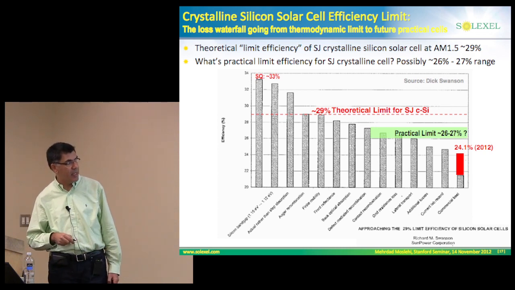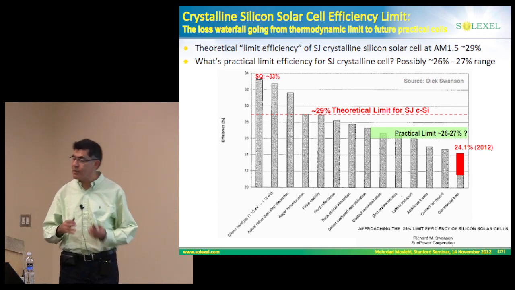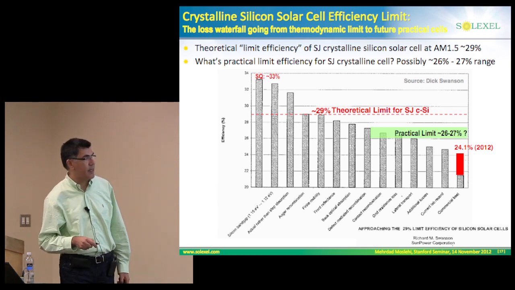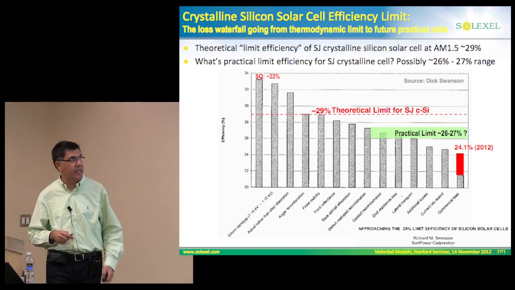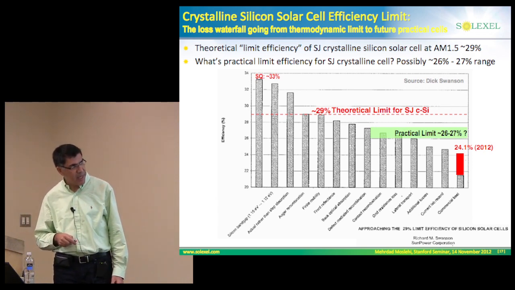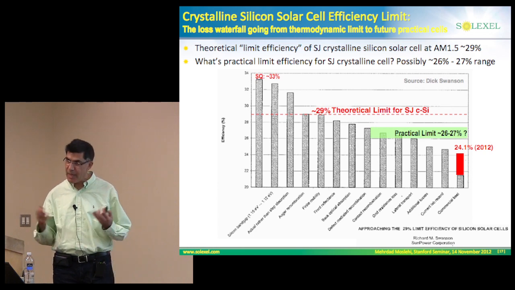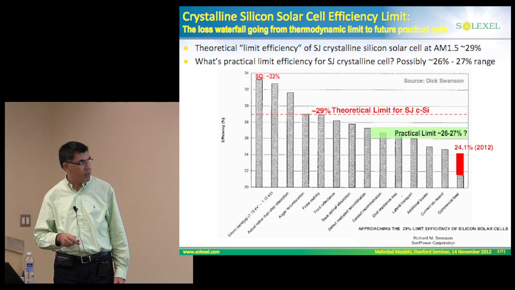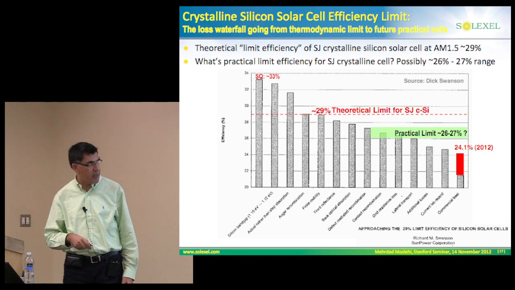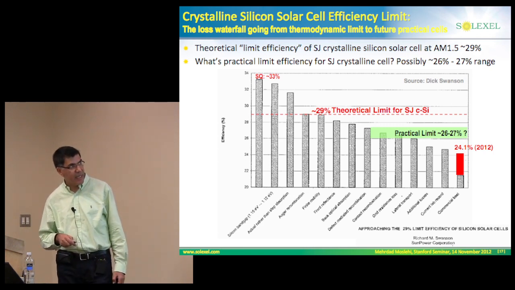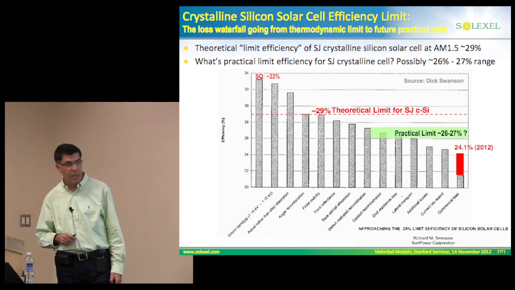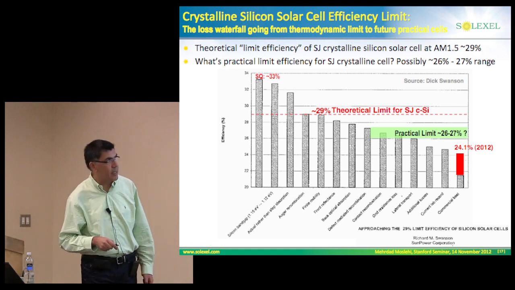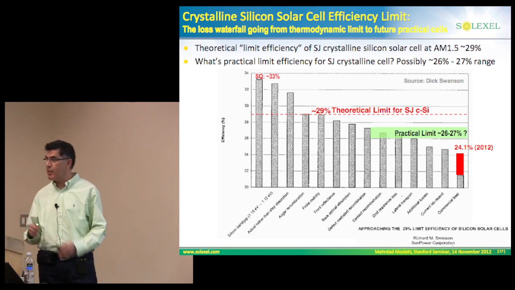That's because in practice you have to account for band-to-band Auger recombination and also the finite mobility of the carriers. At the time of his publication, the best commercial cell, which happened to be a SunPower cell, was on the scale of 21.5%. And since then, this has risen to now the best commercial cell at 24.1%. And this is also a SunPower cell.